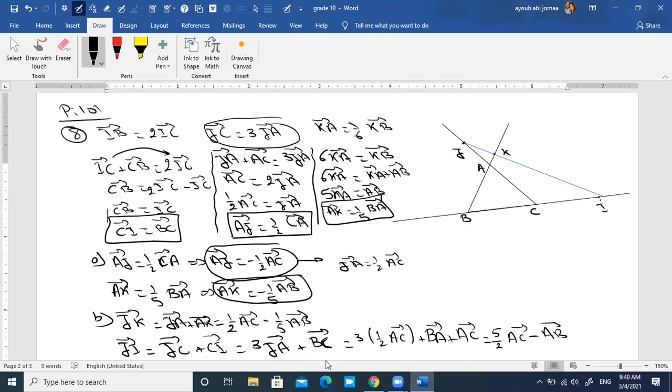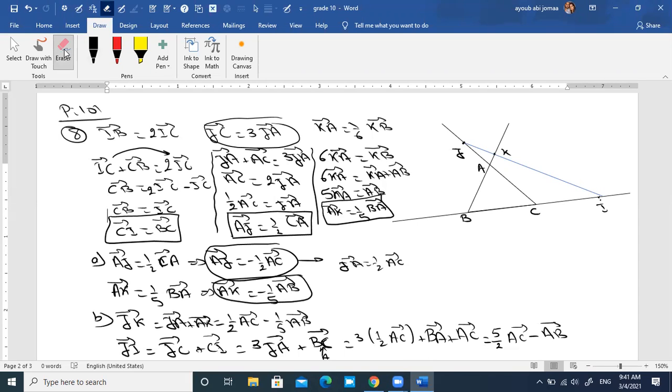Now JA, we have proved it: JA is half AC. So you get 3 over 2 AC plus BC, insert point A. Then we'll get BA plus AC, in order to get the vectors AB and AC. Now simplify 3 over 2 AC plus 1 AC: take common denominator, you get 5 over 2. So 5 over 2 AC plus BA, which is minus AB.